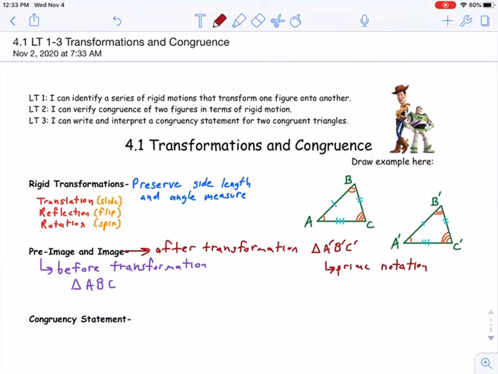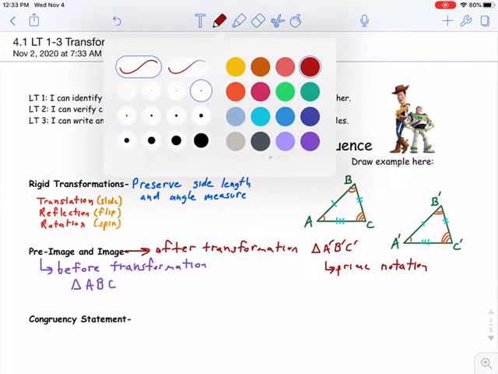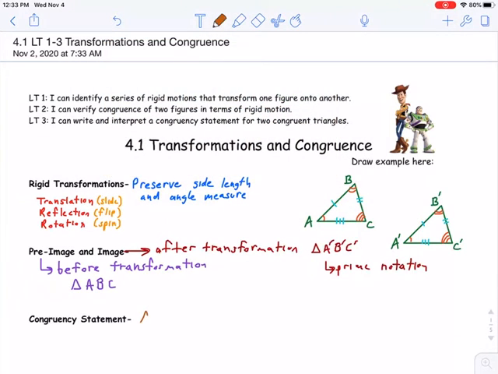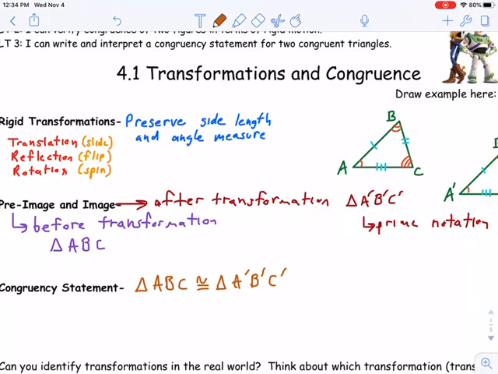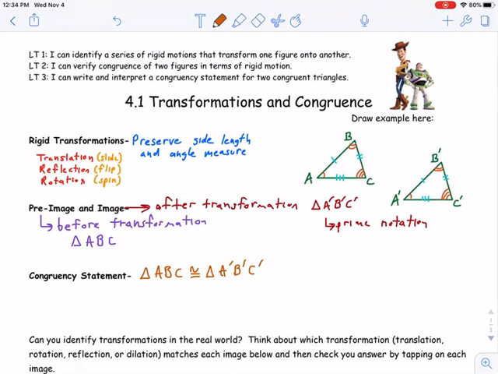And then the congruency statement, it's kind of self-explanatory. You're stating things are congruent. I'm going to say triangle A, B, C is congruent to triangle A prime, B prime, C prime. And something that's quite obvious right now is the order is important.